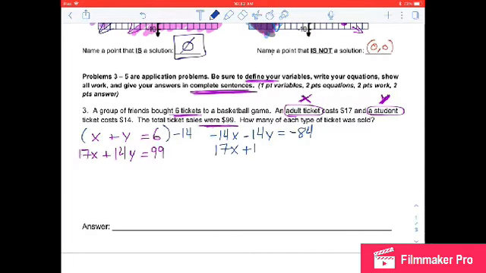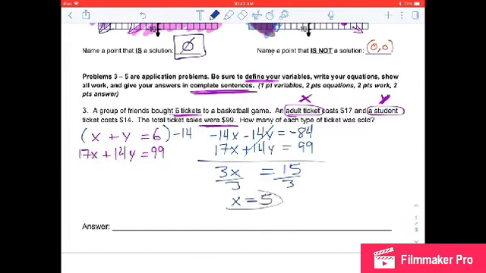So now I can go ahead and combine those two together, and the 14 and negative 14 cancel. Negative 14 plus 17 is 3X equals, and then negative 84 plus 99 is 15. So divide by 3, I get X equals 5.